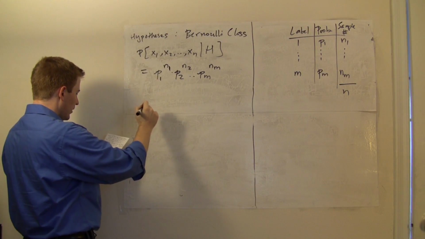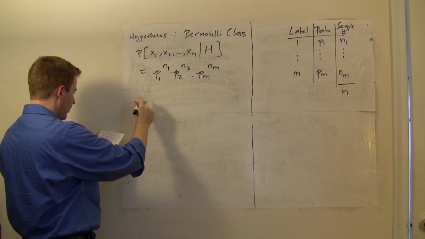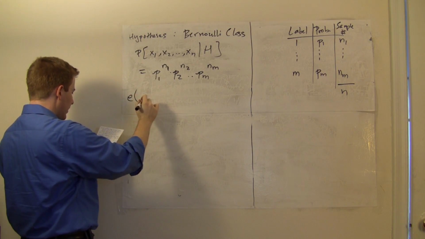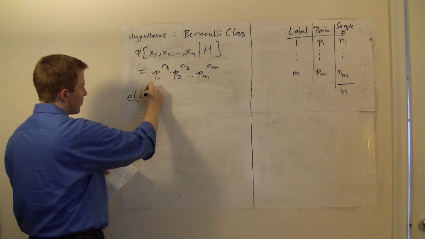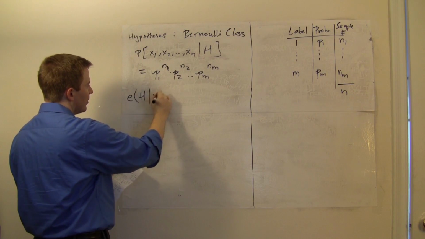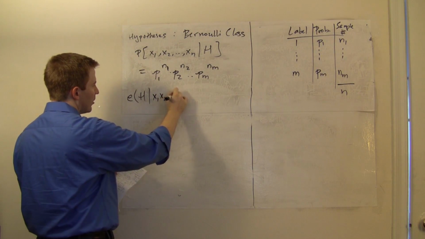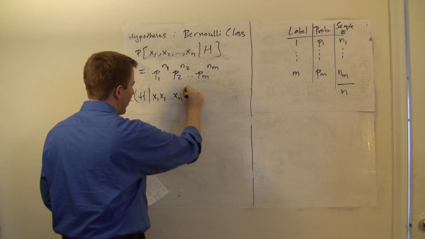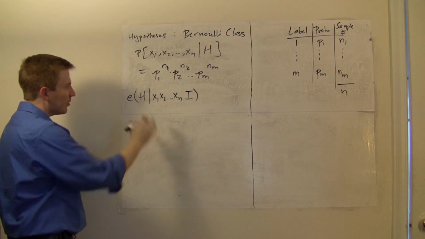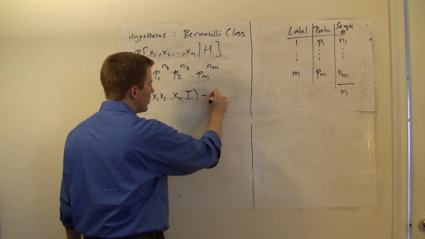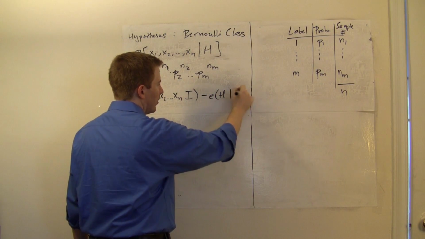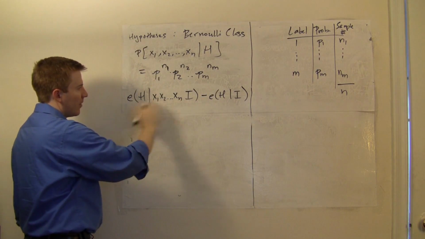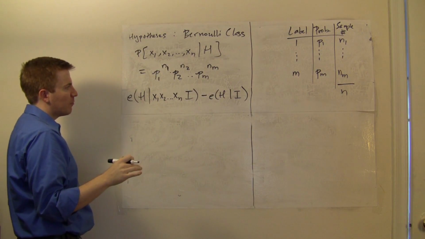Okay, so let's say that you did the experiment and you want to ask the question like, what is our evidence, say, write it this way, for the hypothesis conditional on a particular realization, x1 through xn, and our background information. And in particular, how does that move relative to our prior evidence? So this is, again, evidence on the log odds scale, the way that we've seen it before.